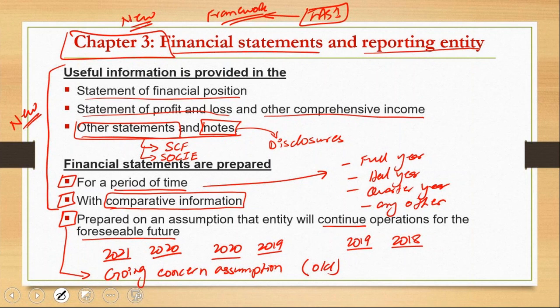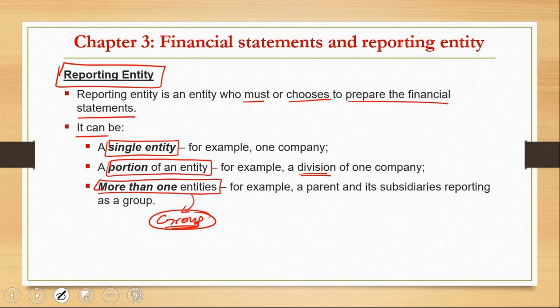George is saying what is meant by must be or chooses. Basically, George, if we are a division of an entity, are we required to prepare the financials? The answer is no. We may choose to prepare the financials on our own, although there is no legal requirement for that.